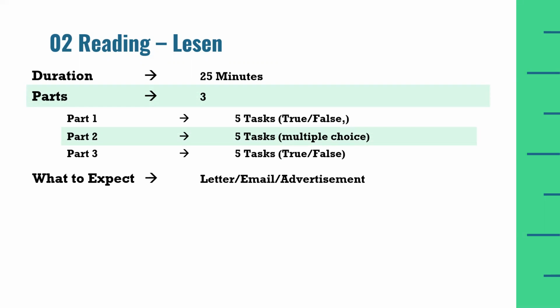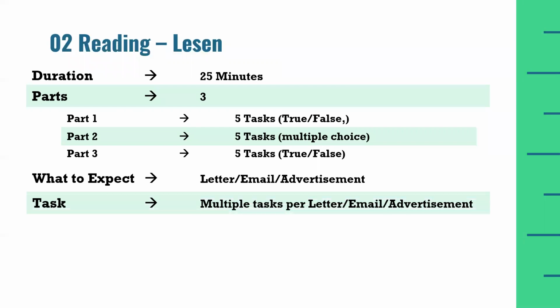In the reading section, there will be emails, letters, and advertisements. And regarding each advertisement, there could be only one question or there could be multiple questions related to each email, letter, or advertisement. Which means that in the first part of the exam, there will be 5 questions or 5 tasks, and the type of questions will be true and false.